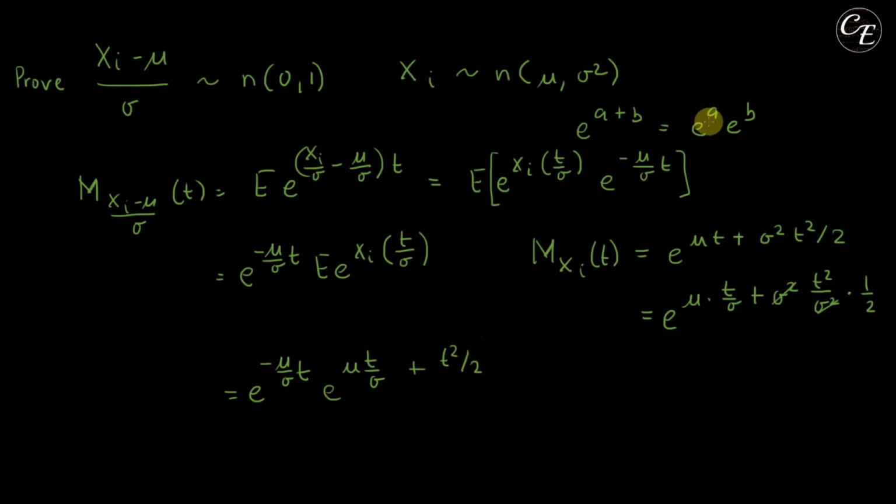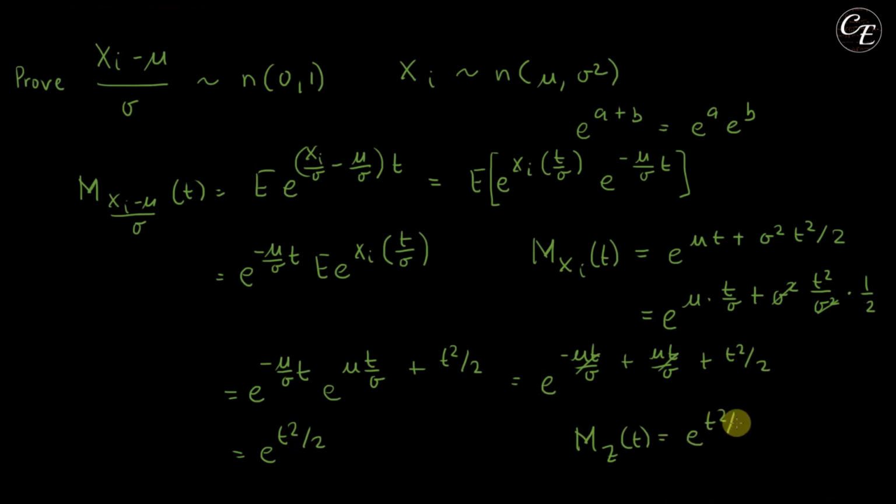And then from here we can add the exponents, so we have here e raised to negative mu t over sigma, and then plus mu t over sigma, and then plus t squared over 2. Then we can cancel out this, so we have here e raised to t squared over 2. Now the moment generating function for a standard normal distribution is e raised to t squared over 2.